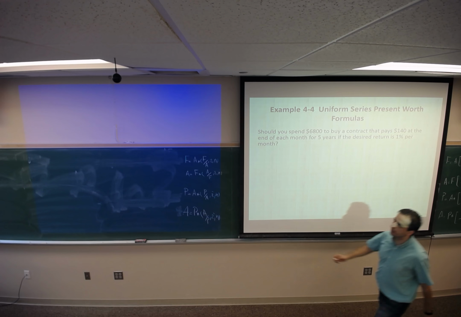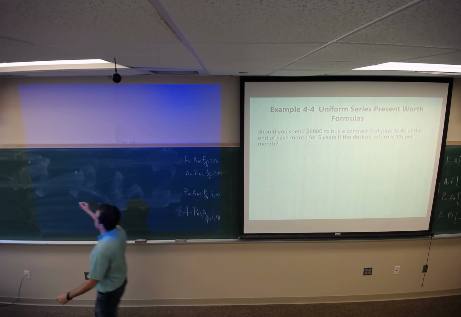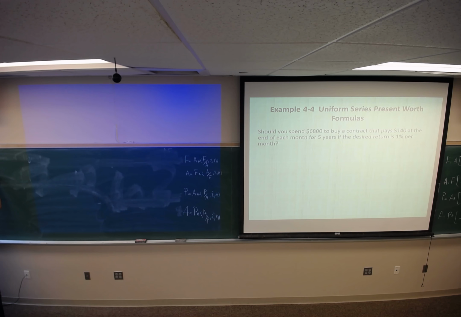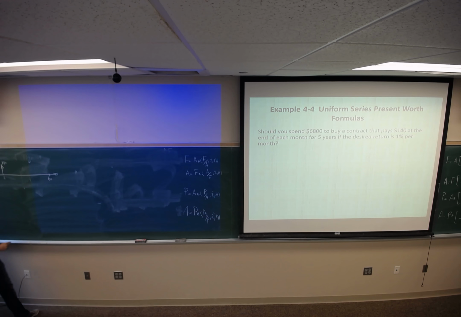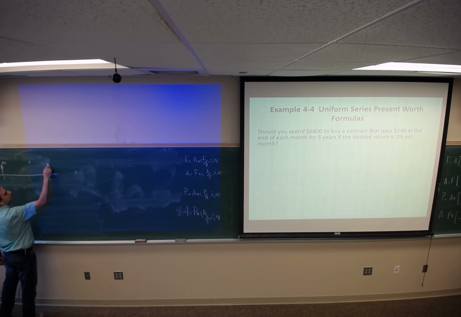So you get paid every month $140. From month 1, $140. You get paid month 2, $140. And since it's going to continue for 5 years, which is 60 months, the cash flow diagram for the receipt of the money is going to look like this.